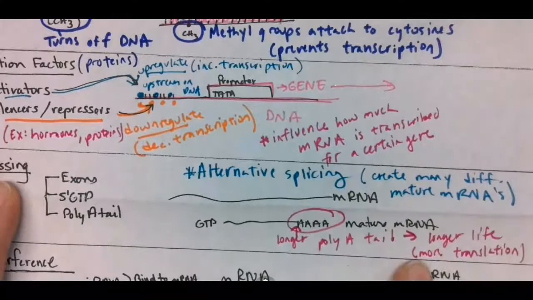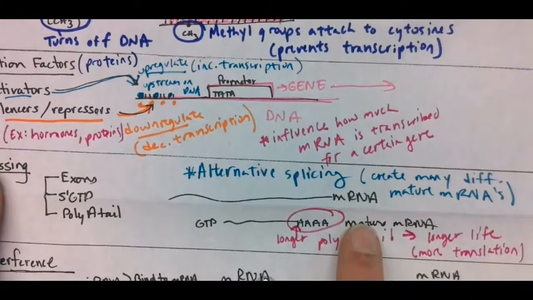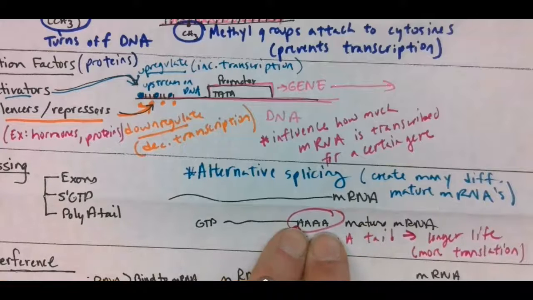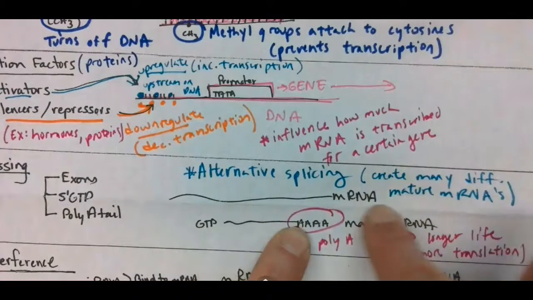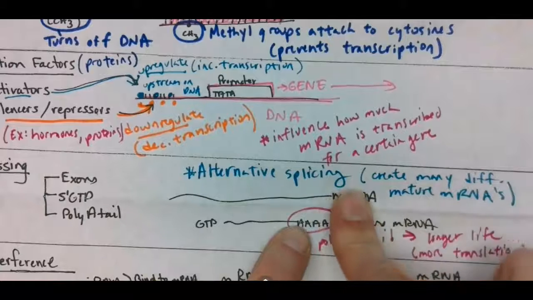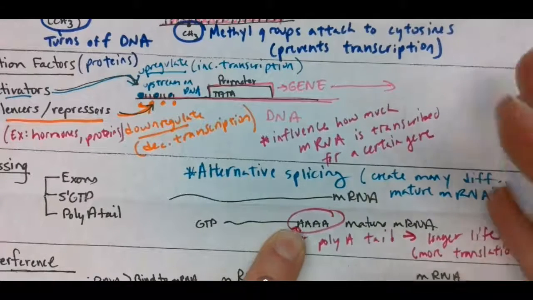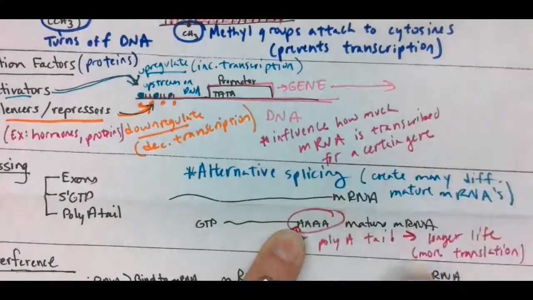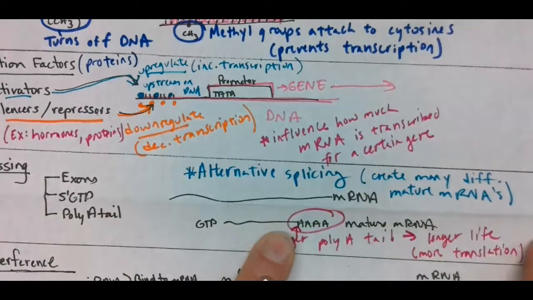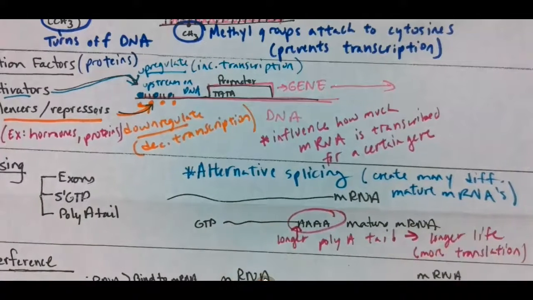The length of the poly A tail actually determines the lifespan of the RNA, because the poly A tail is protected. It doesn't code for anything, but as soon as this RNA leaves the nucleus and goes to the cytoplasm, enzymes are going to start destroying the RNA. So if you have a longer poly A tail, this mature mRNA can last longer before it's degraded.